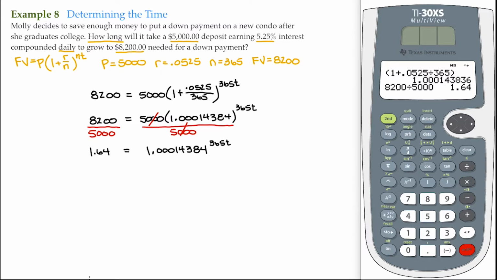So now I'm going to take the logarithm of both sides because I need to deal with that unknown exponent up there. So I'll take the log of this side. That's going to be equal to the log of this side.